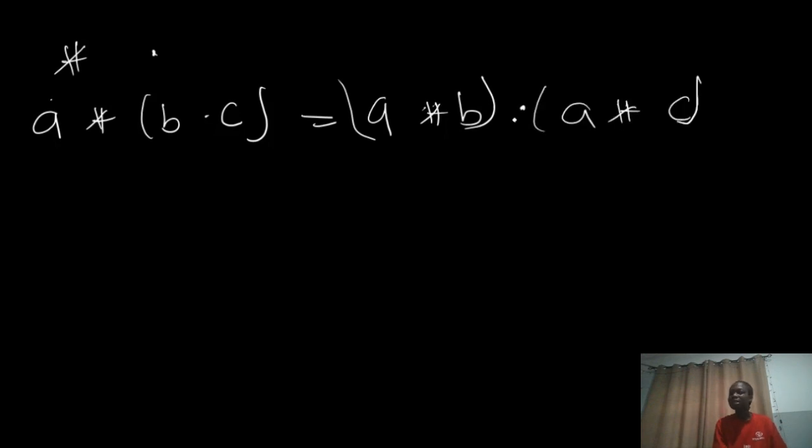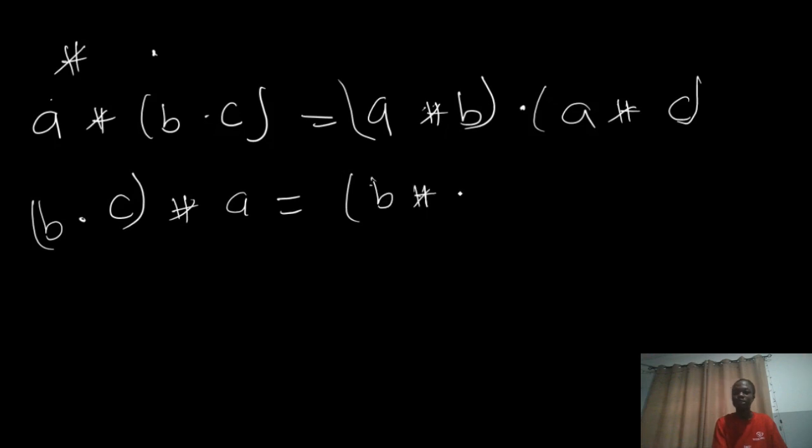So we are spreading star over the dot. Then the expression can also be written as (B dot C) star A. So it's the same thing. So we are spreading star over dot. So here we are going to get (B star A) dot (C star A), which is the same thing here.